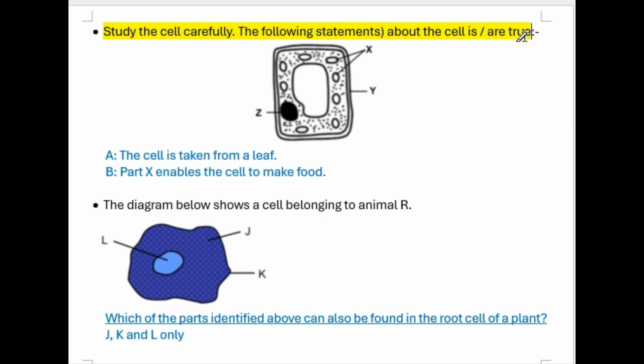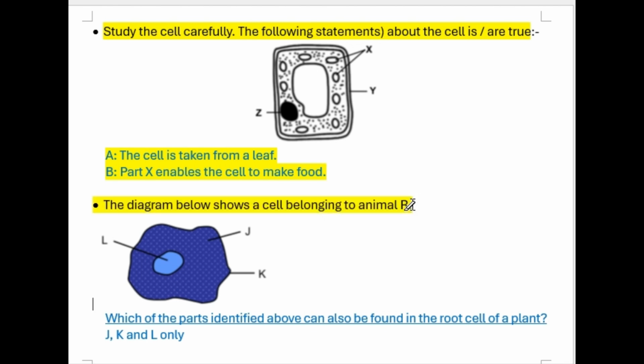Study the cell carefully. The following statements about the cell are true. The cell is taken from a leaf. B. Part 10 enables the cell to make food.